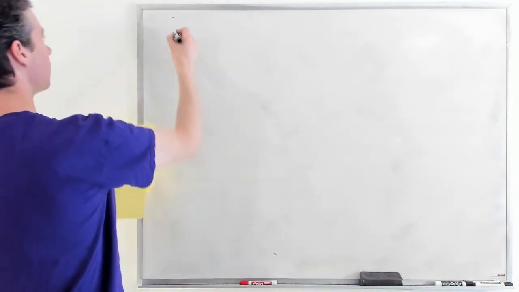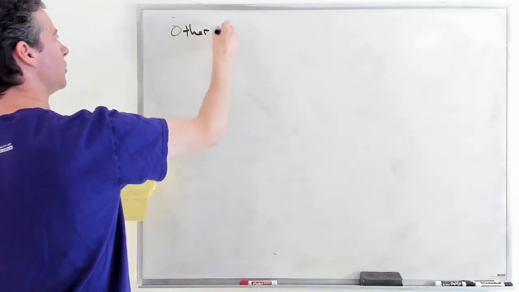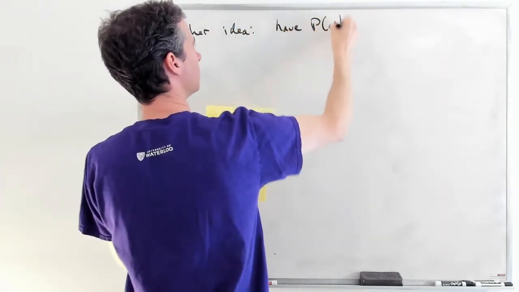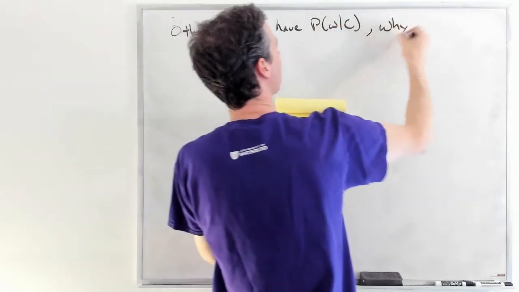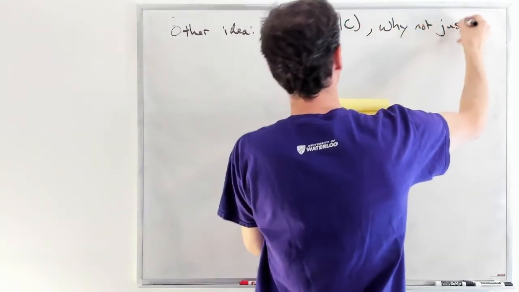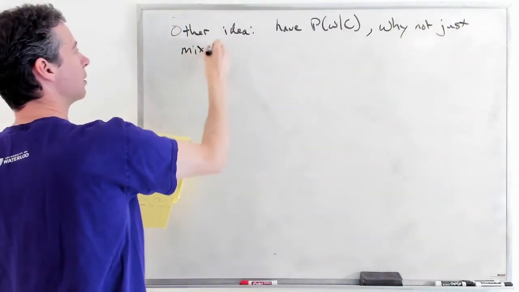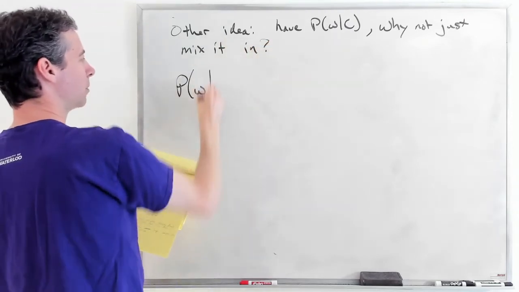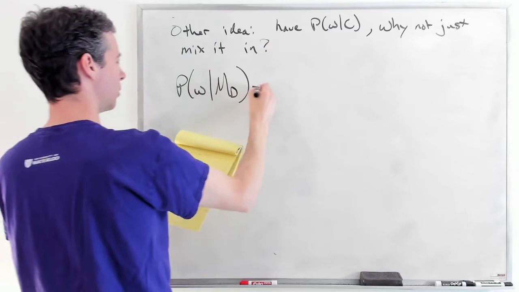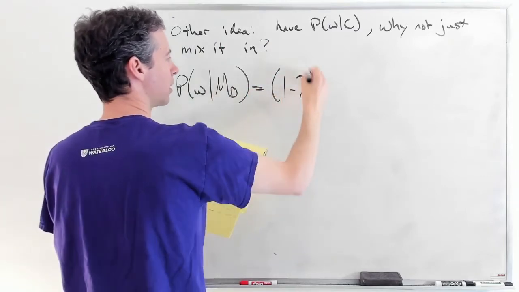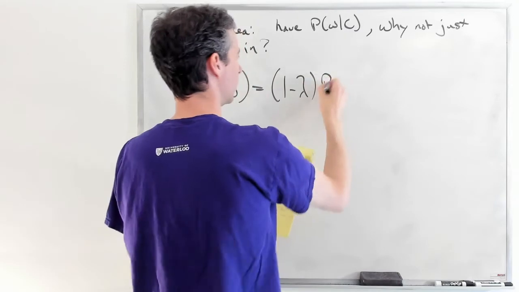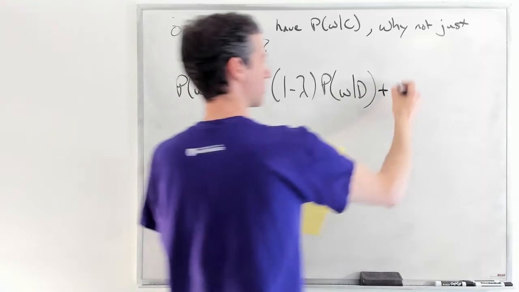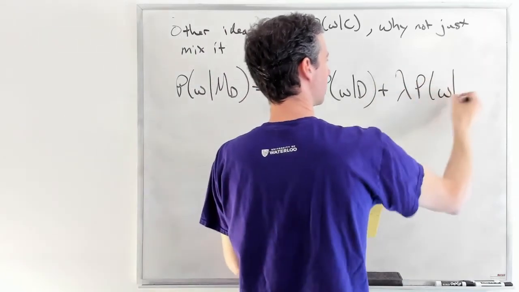There's this other idea for smoothing. We have our collection model. Why not just mix it in? The probability of the word with the model of our document is going to be 1 minus lambda, where lambda is a smoothing parameter, times the probability of the word given the document, plus lambda times the probability of the word given the collection.